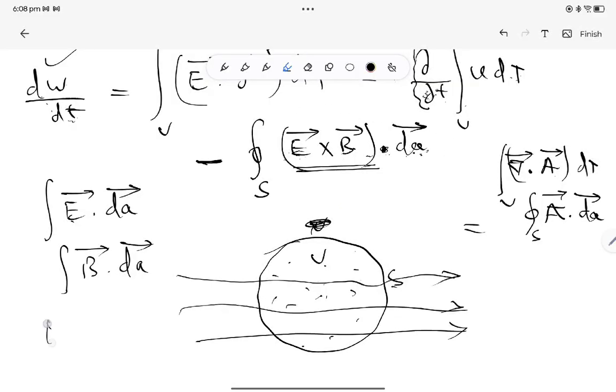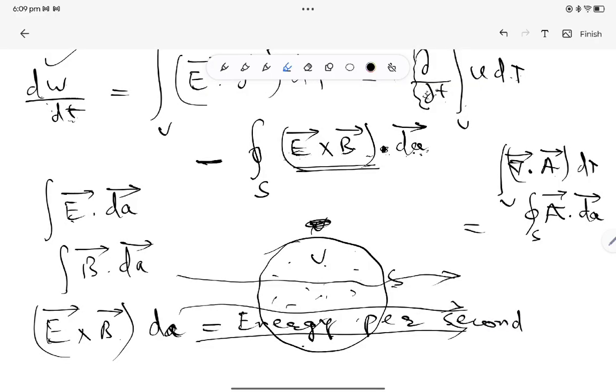That means E cross B into dA, supposing these two are parallel, is energy per second.